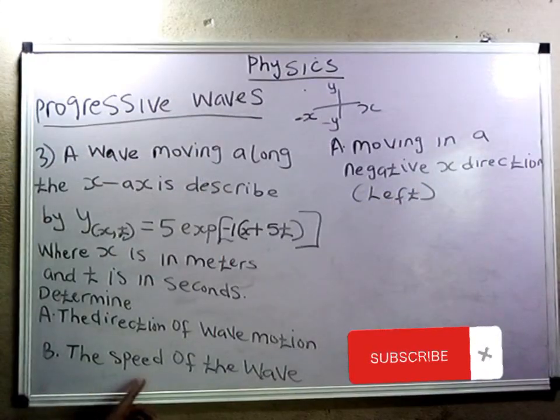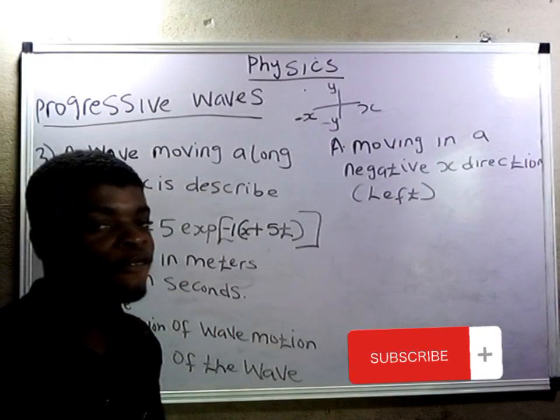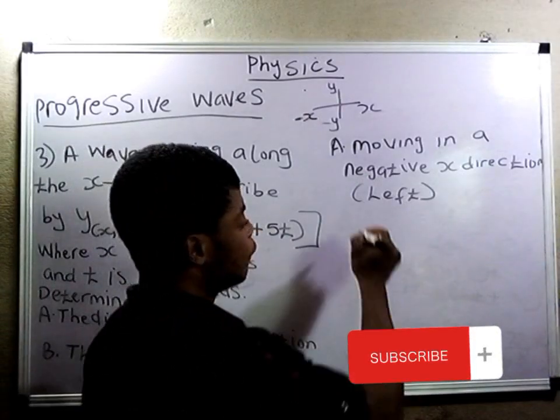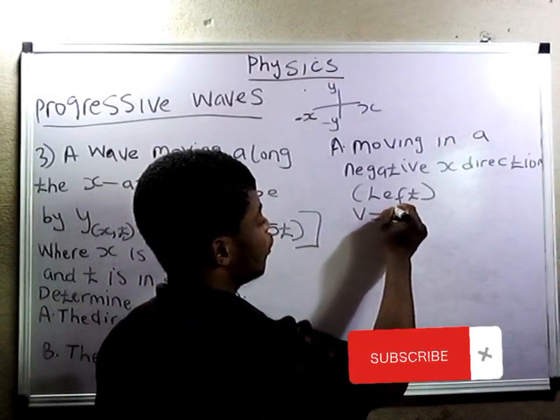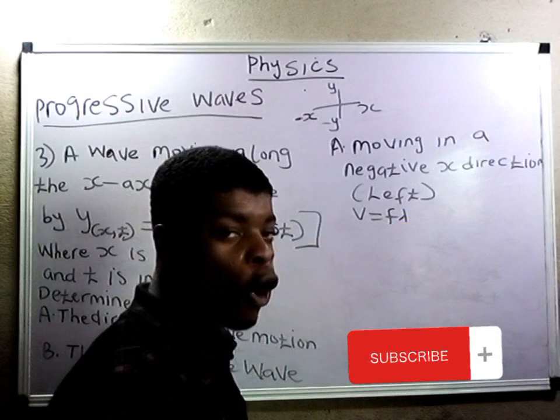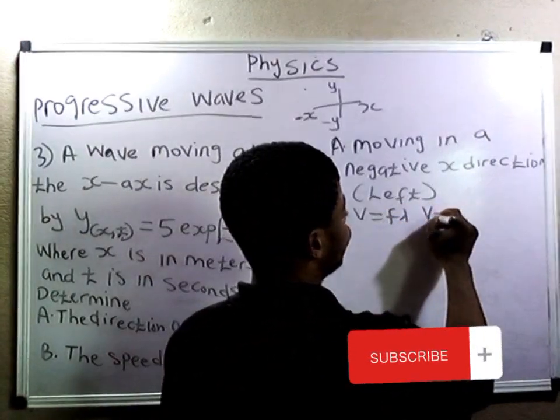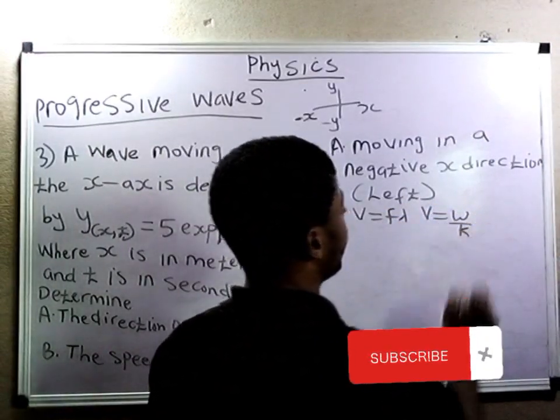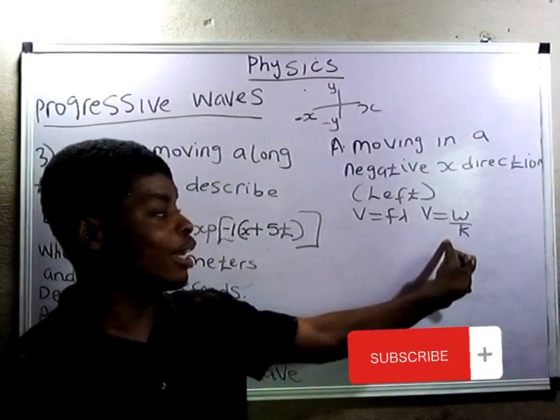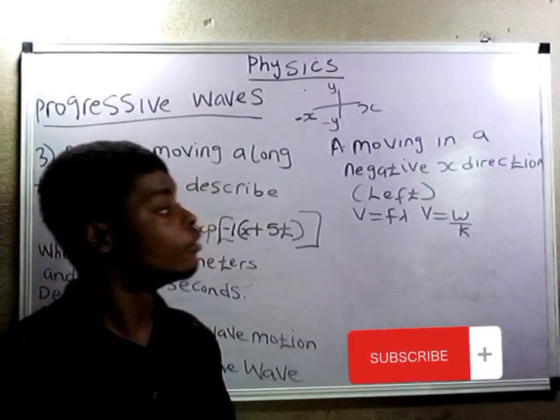B, we have to look for the speed of the wave. I told you that the formula to get your speed is v equals frequency times lambda, or v equals w over k. So these are the two formulas to get your velocity in this case.